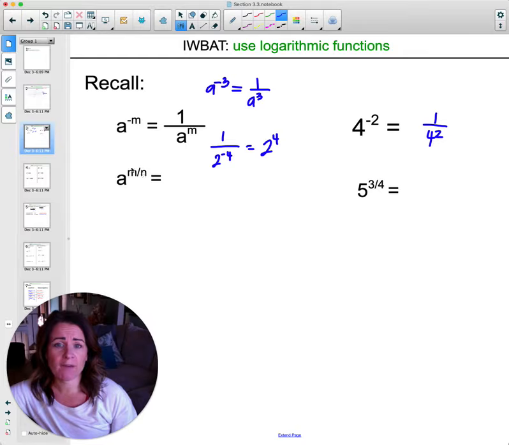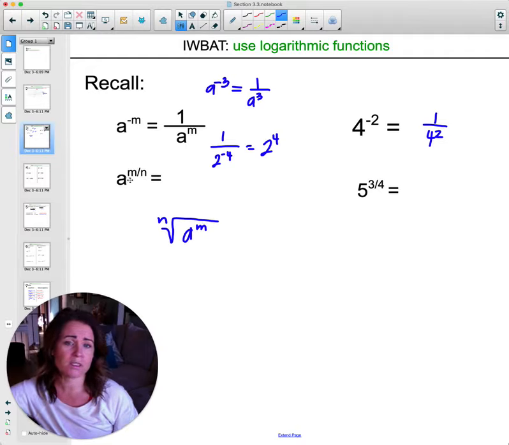And if we have fractional exponents, we can actually write those as radicals. And so this becomes the root. The bottom number becomes the root. So that n is going to move out here. And then we just have a to the m on the inside. So the m is the power and the n is the root. So the numerator is the power, the denominator is the root.